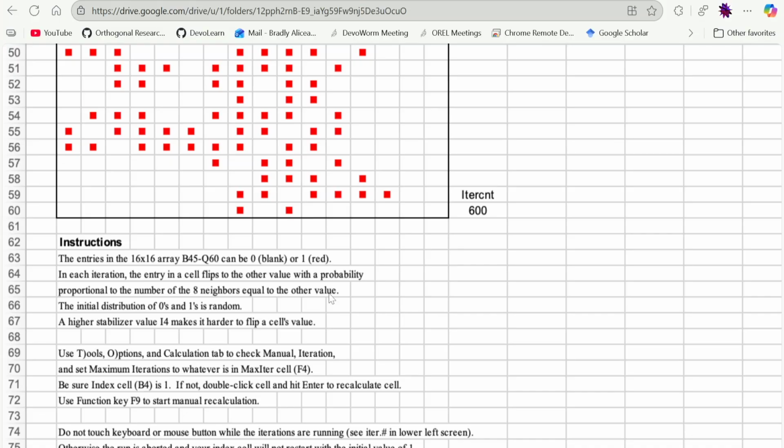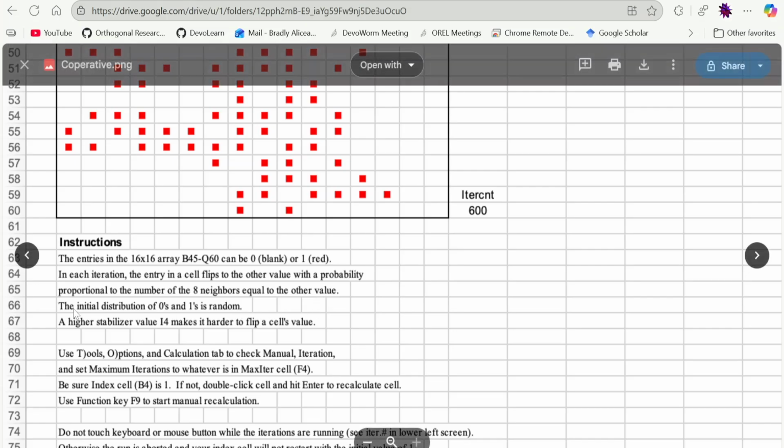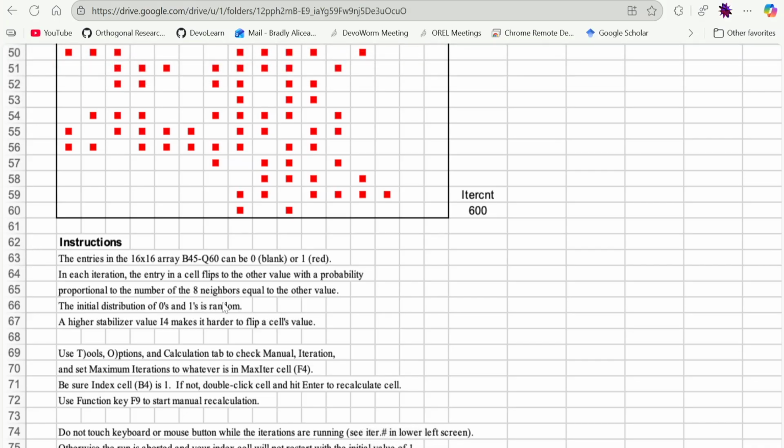This is very similar to what we do in cellular automata, in neighborhoods. And so then the initial distribution of 0s and 1s is random. We can have this update rule, and we can end up with this sort of order that emerges.